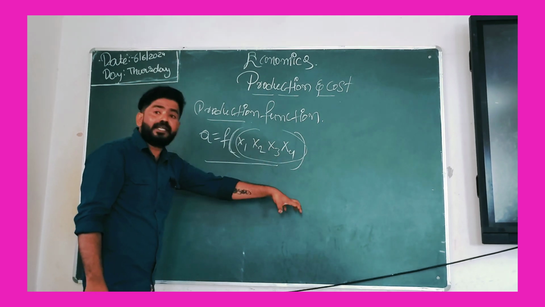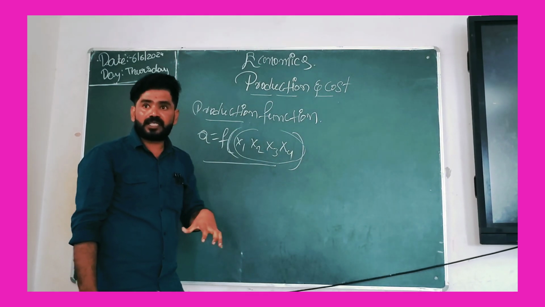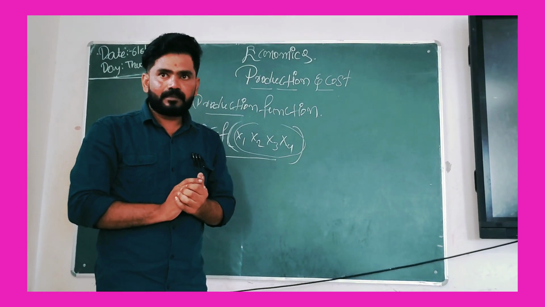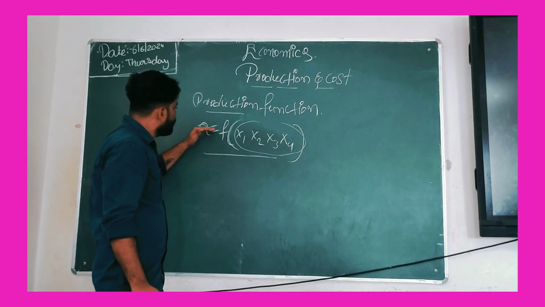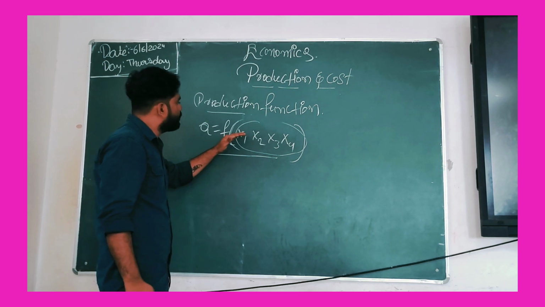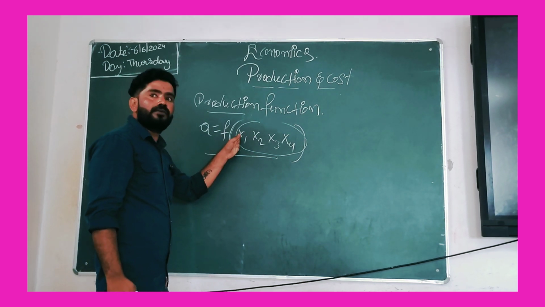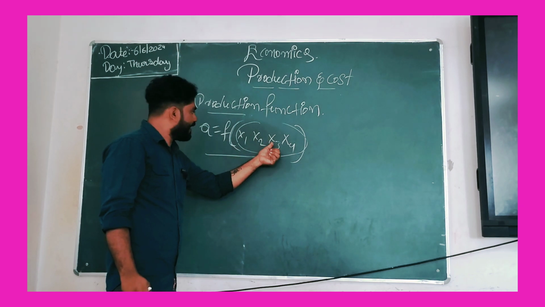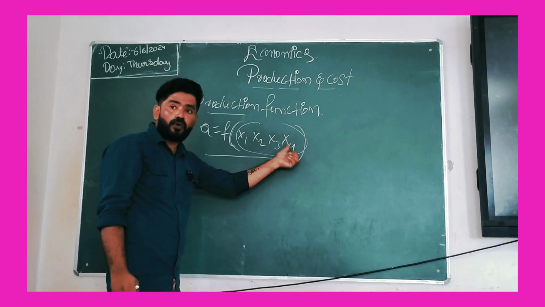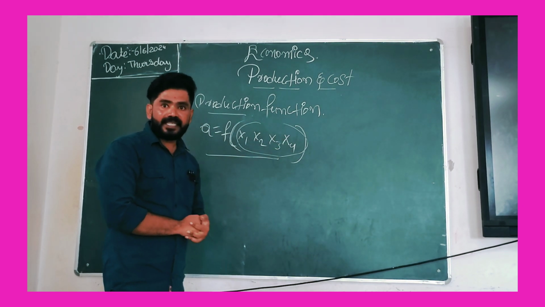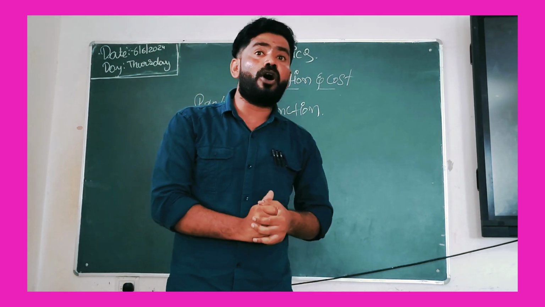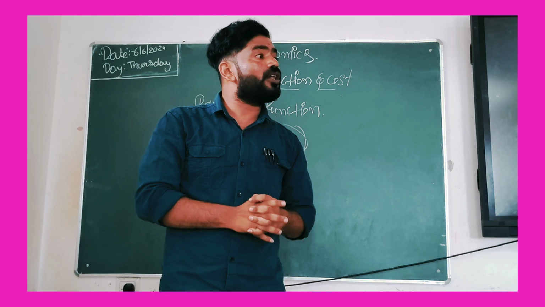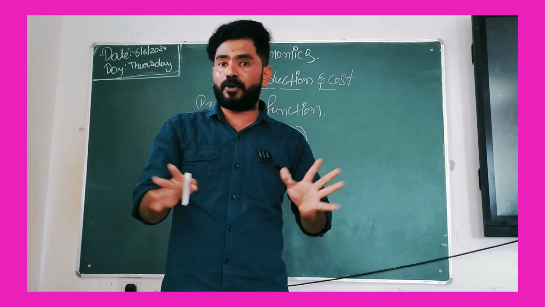These inputs are used in the production of a particular product. The output has a functional relationship with the inputs X1, X2, X3 and X4. These inputs are also called factors of production.